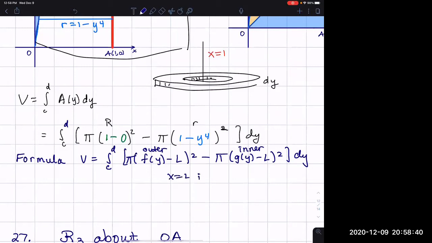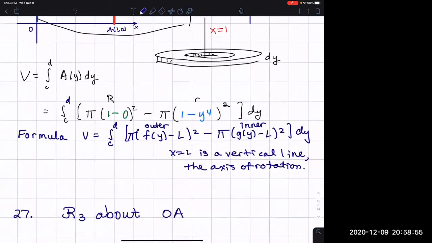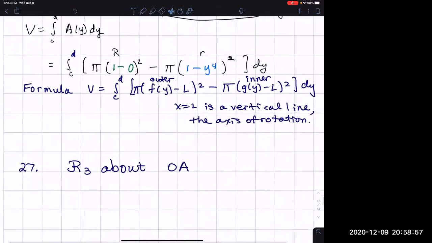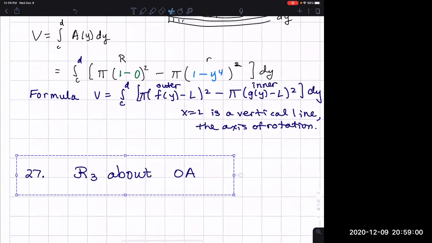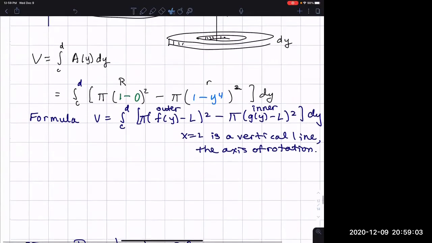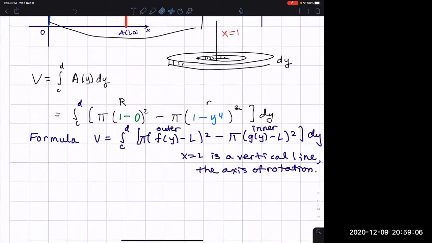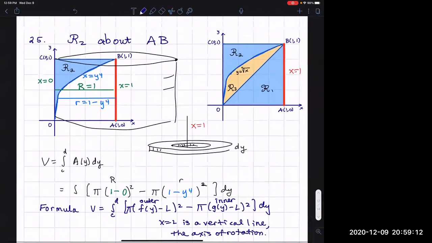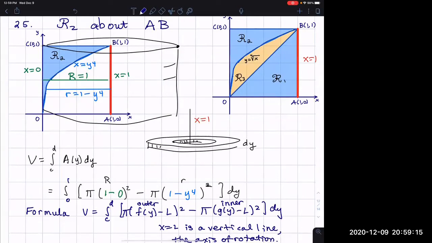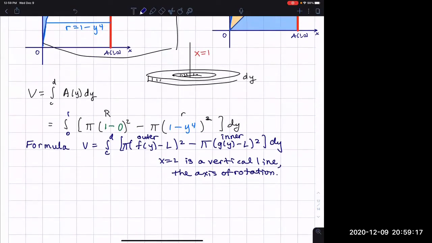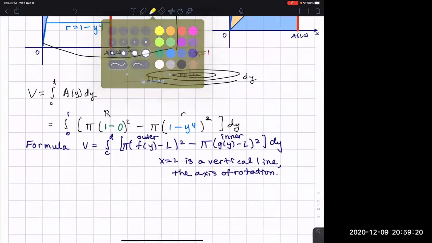X equals L is a vertical line, which is the axis of rotation. Since I already put in 1 and y to the 4th, let me change these bound numbers to y values. The y values we are bound by are 0 and 1. So you can just put that into the formula.